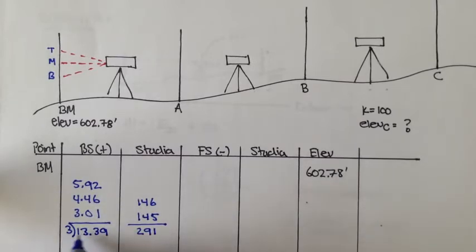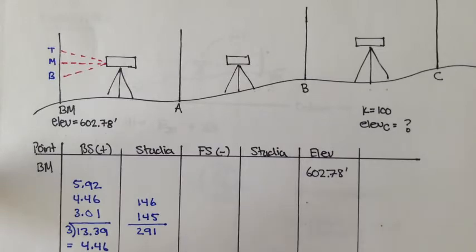If you divide 13.39 by 3, we get 4.46, which is very close to the middle, 4.46. Okay, so let's assume we took the readings, we checked the stadia, and now our average is matching the middle, so we can safely say that the backsight for the benchmark is 4.46.